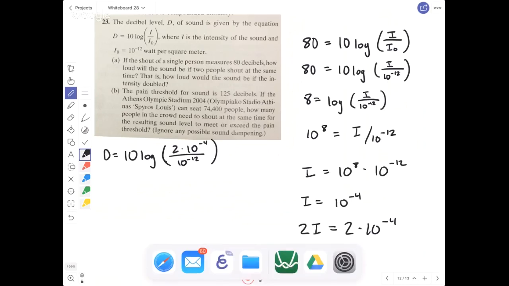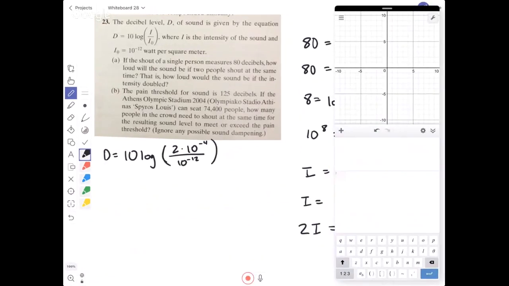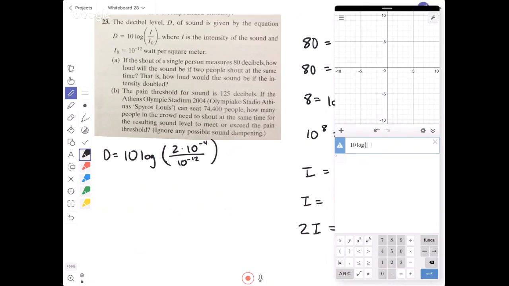So pulling up a graphing calculator or a scientific calculator, 10 log of 2 times 10 to the negative 4 over 10 to the negative 12 is 83 decibels.